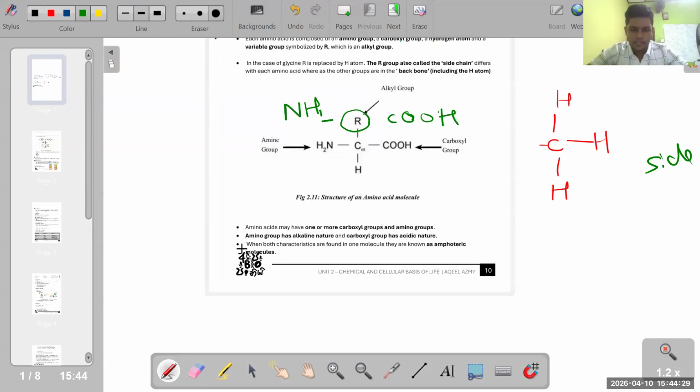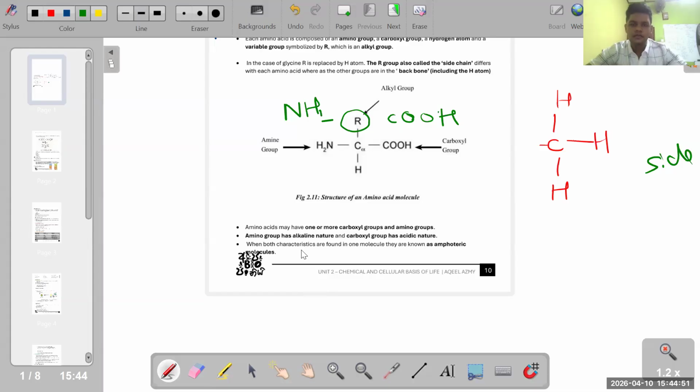Right. Let's go to the other point. Amino group. The amino group has an alkaline nature and the carboxyl group has an acidic nature. What do alkaline and acidic mean?